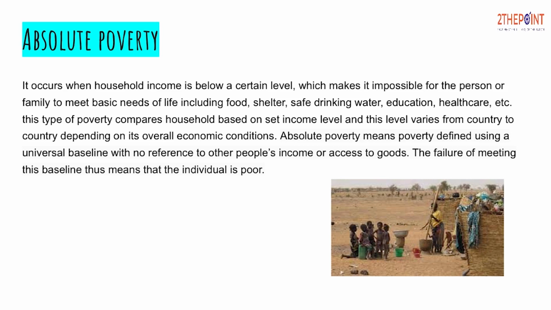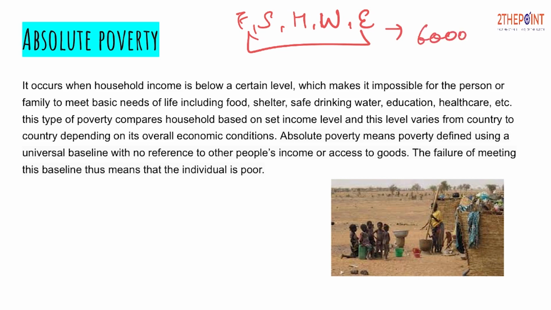So for an example, consider the amount you need to spend for fulfilling the basic necessities of life, for example food, shelter, health, clean drinking water, education. Now if we sum it up and the amount comes to, let's say, 6,000 rupees a year, that is the minimum amount that you need to spend to fulfill all of these basic necessities.